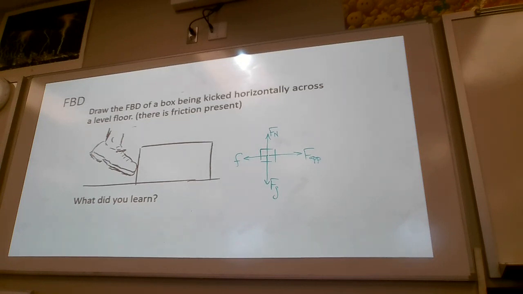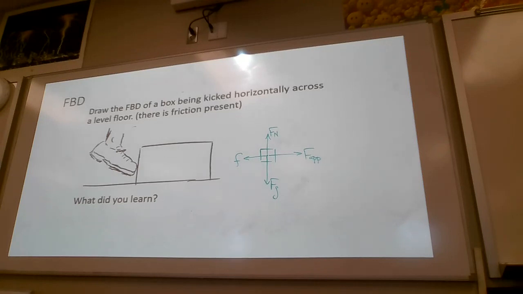Some people ask, what about air resistance? That's a great question. Here's my default for this class. Always include friction. Always ignore air resistance, unless the problem tells you explicitly to do otherwise. Friction's a thing, always.